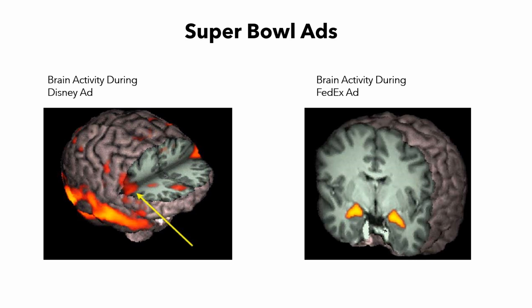The fMRI images showed the increased blood flow to specific areas of the brain that actually got activated due to watching the advertisements. And as you can see in the figure, the brain activity during a Disney ad showed increased blood flow at various locations of the brain, while watching the FedEx ad, the blood flow increase was just seen at two locations precisely.